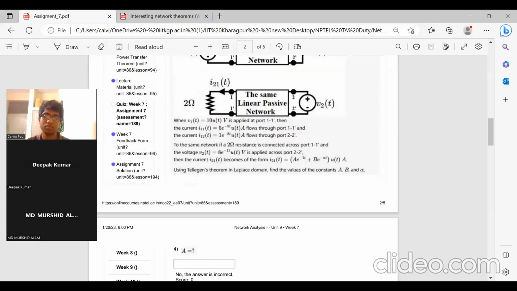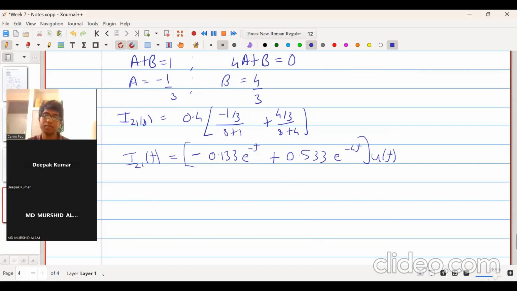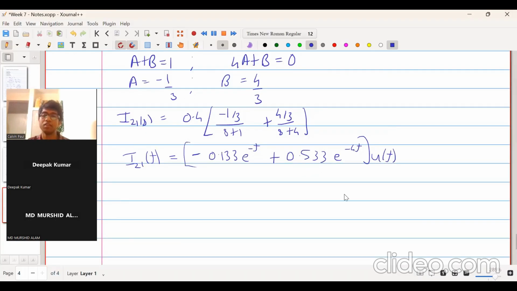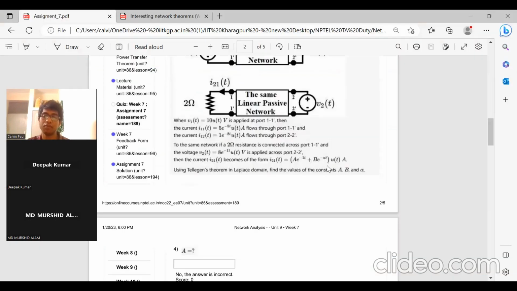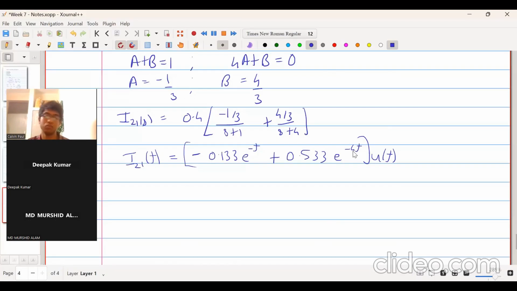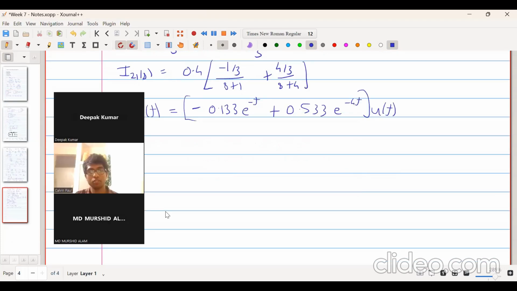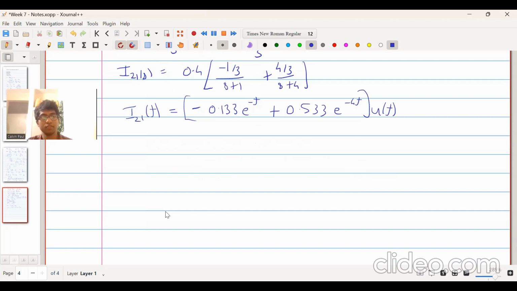A is minus 0.133, B is 0.533, and alpha, which we want, is equal to 4. Yes, sir. Any doubt in this? No. No, sir. Okay. What about Mohammad Murshid? Any doubts? Any queries?